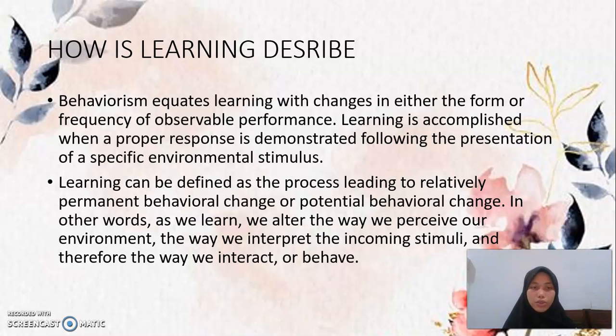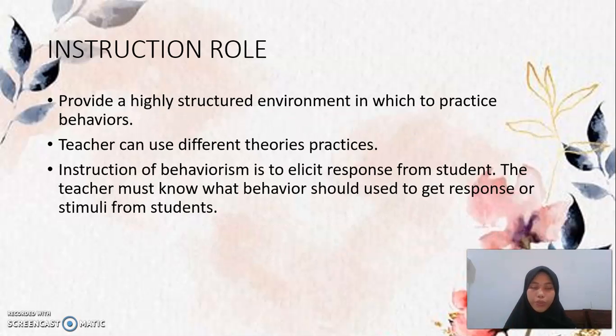Learning can also be defined as the process leading to relatively permanent behavioral change or potential behavioral change. In other words, as we learn, we alter the way we perceive our environment, the way we interpret the incoming stimuli, and therefore the way we interact or behave.